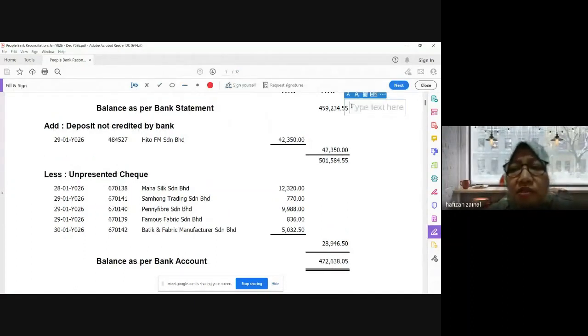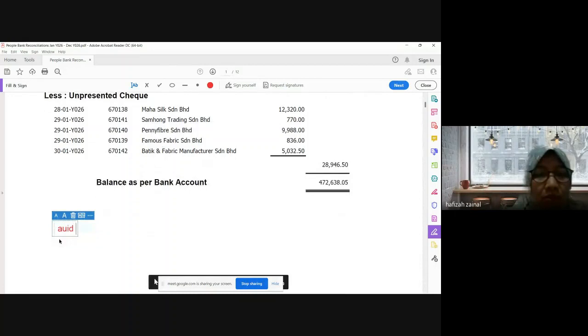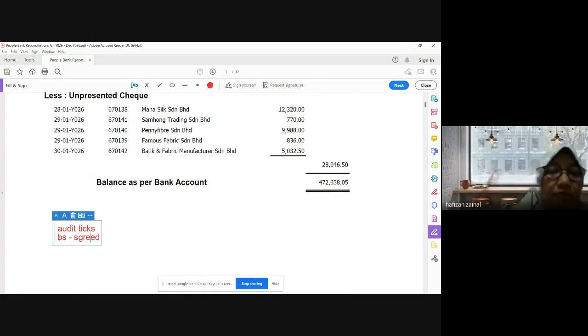If it is the same figure, then you put your audit tick. So let's say for instance, bank statement. Later here at the bottom, you put the audit tick: sighted or agreed to bank statement.